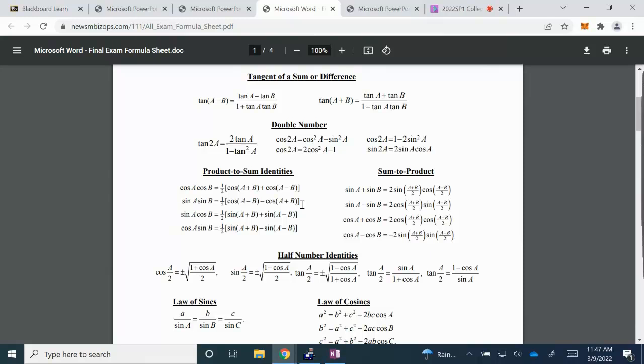Cosine A times cosine B is equal to 1/2 times cosine A plus B plus cosine A minus B. Notice we have the cosine times another cosine, so this is the formula that we're going to choose.